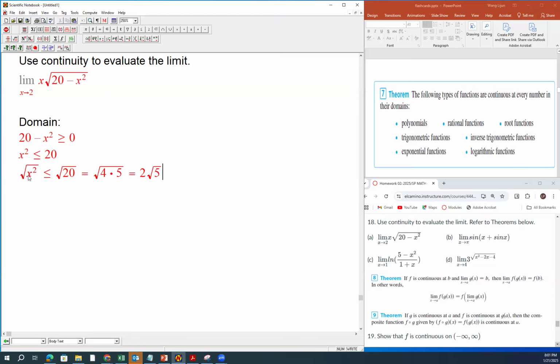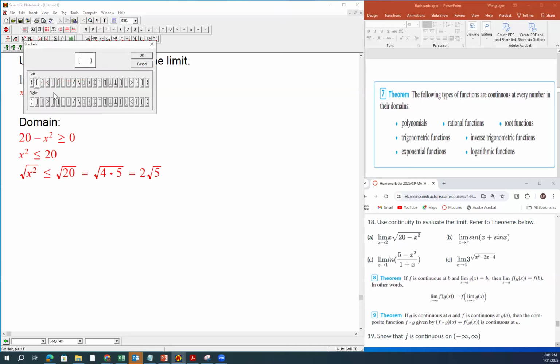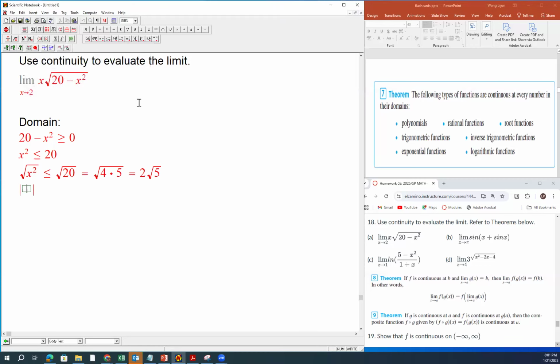And the root of x squared is the absolute value of x. So the absolute value of x is less than or equal to 2 times root 5.